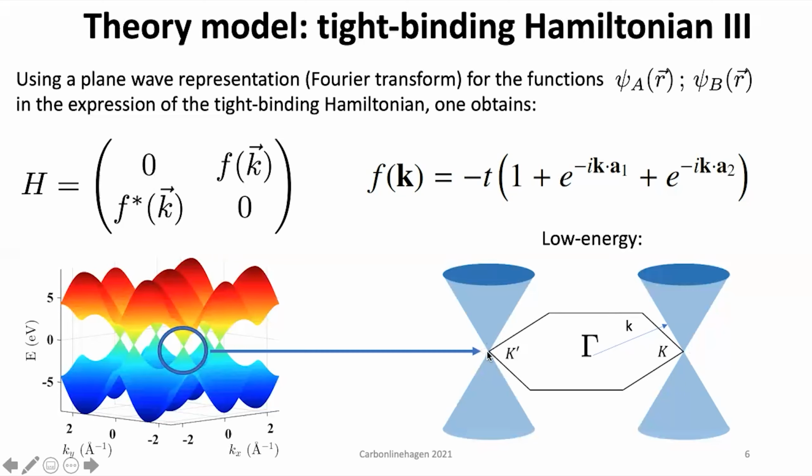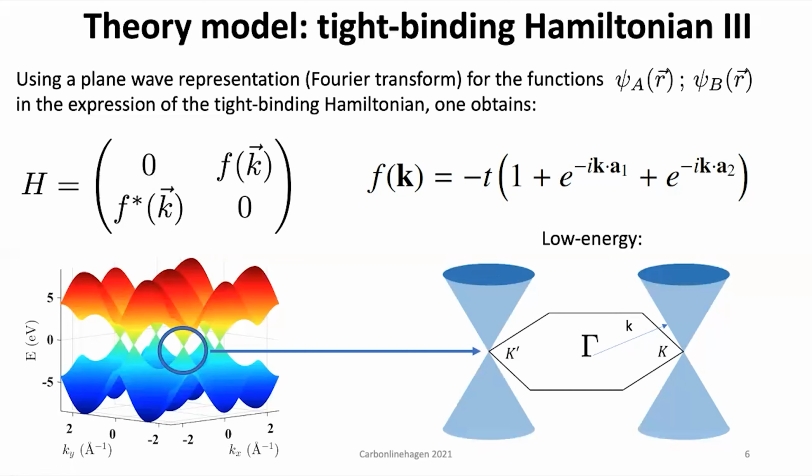So you see, I plotted a zoom-in of these regions here with the purpose of indicating that the physics, the dynamics of the electrons around these points seems to be quite independent of each other, as long as I don't go to higher energies where this band structure obviously is not linear anymore. Now, what do I mean by low energy?